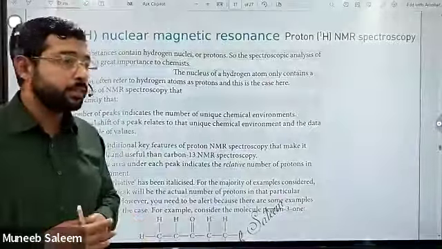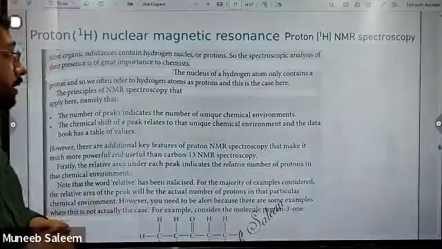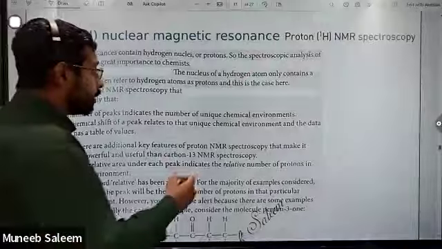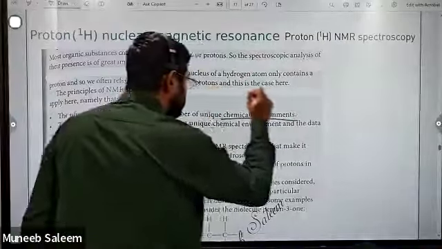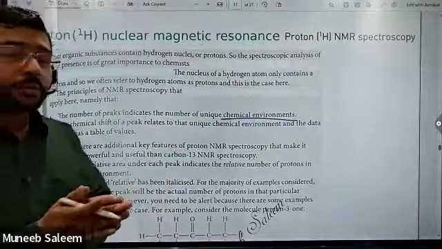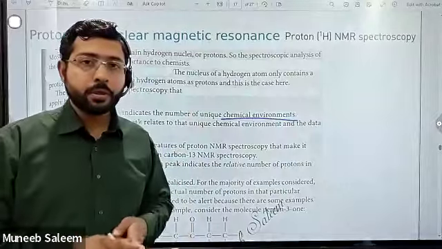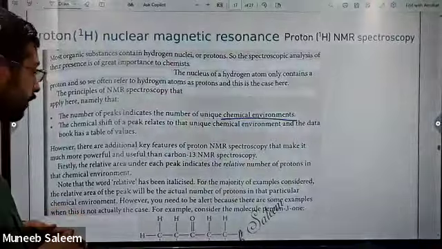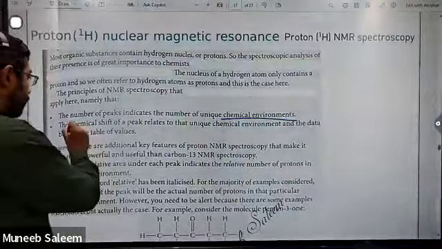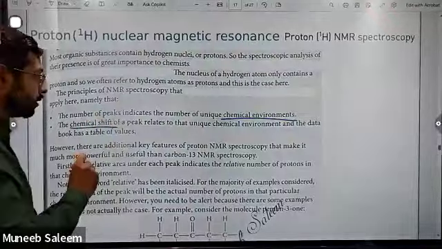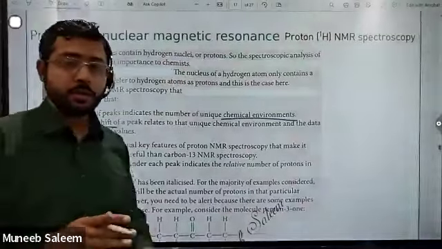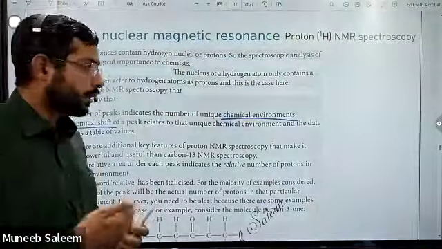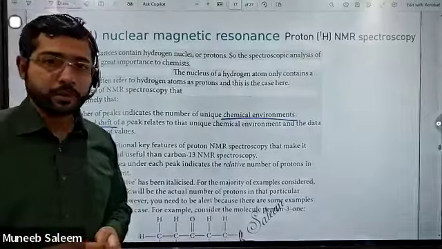Again, the concept of the chemical environment will be applied here, which means different chemical environments will influence different types of protons in the compound, and they will be labeled according to the chemical shift value, which we know is expressed in parts per million.